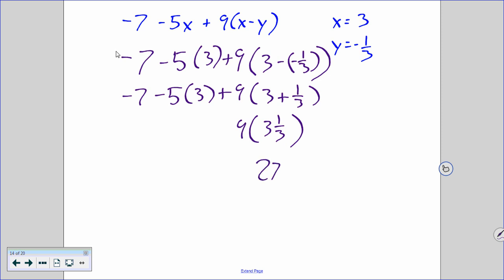And then 9 times the 1/3 is going to be 3, right? So that's going to be 30, right? But my suggestion here will be to use the distributive property. You don't have to, but 9 times 3 is 27, plus 9 times the 1/3 is 3. So again, I would strongly suggest doing that.